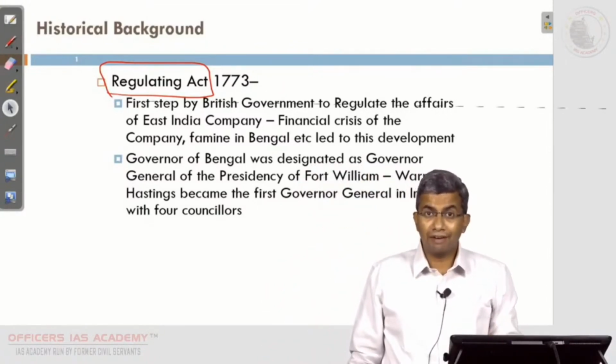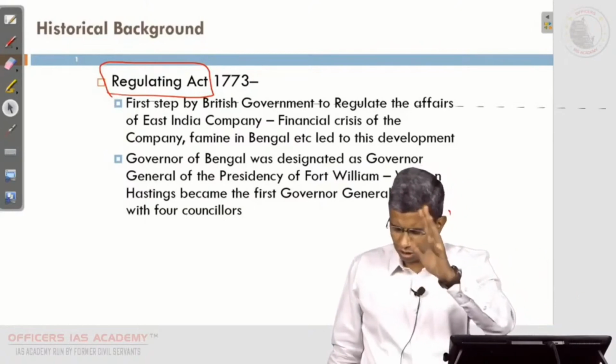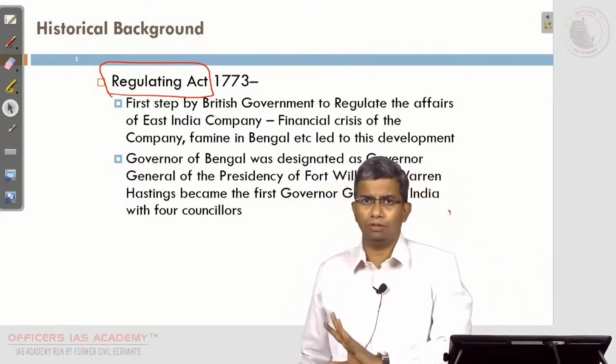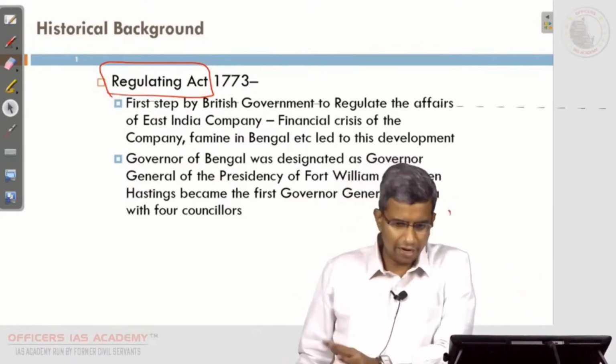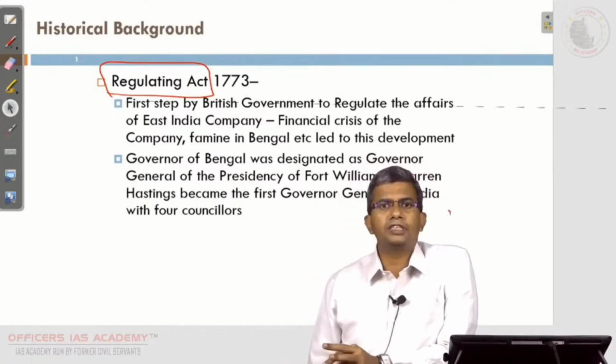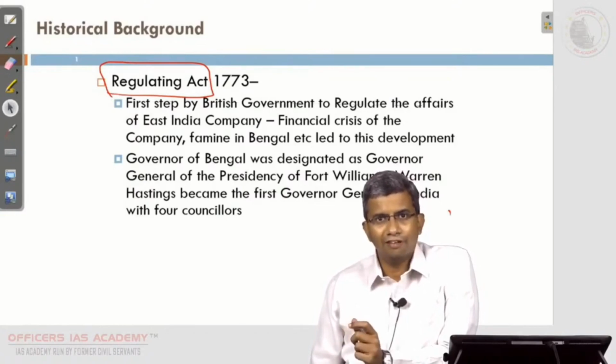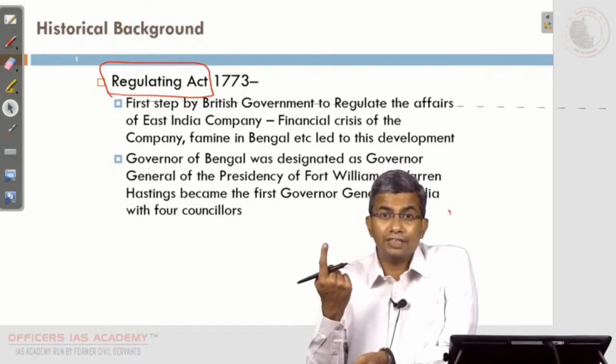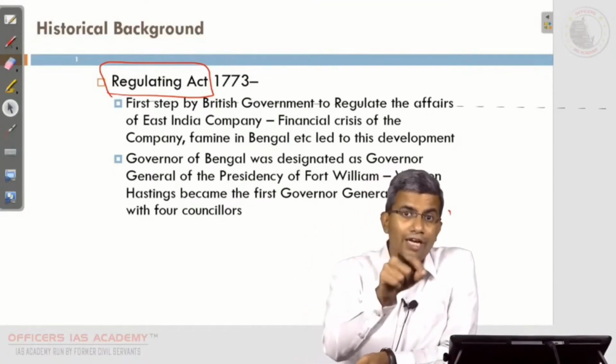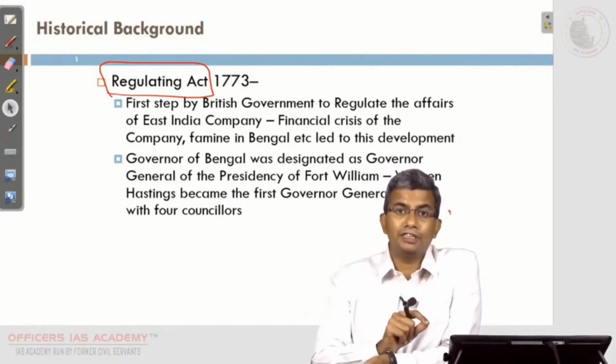And who was the first Governor General in India? Guys, everyone comes and asks me this doubt at the end of this class and even after that. Sir, who was the first Governor General of India? It is the preposition that makes all the difference. Who was the first Governor General in India? Warren Hastings, based on the Regulating Act of 1773.